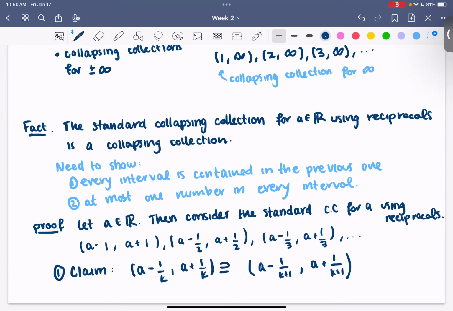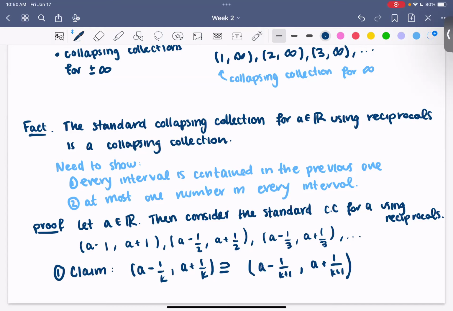I don't know if we've seen this symbol yet. This is the backwards of the subset symbol, which is superset. But anyways, it just means that this interval contains that one. That makes sense? Okay, does the claim make sense? And does it make sense why this is what we need to show?